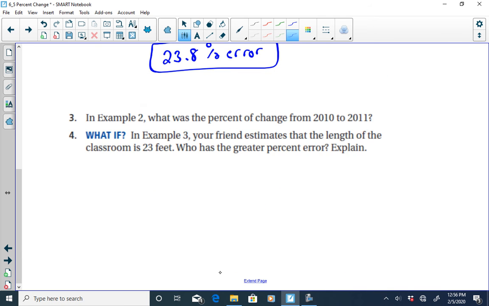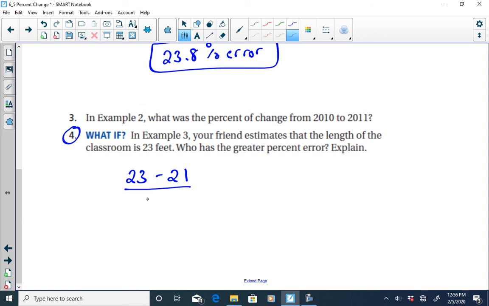All right, let's do this example, example 4, another percent error problem. It says in example 3, your friend estimates the length of the classroom at 23 feet. All right, that's the estimate. We know the actual was 21, so the amount of error is going to be only 2.